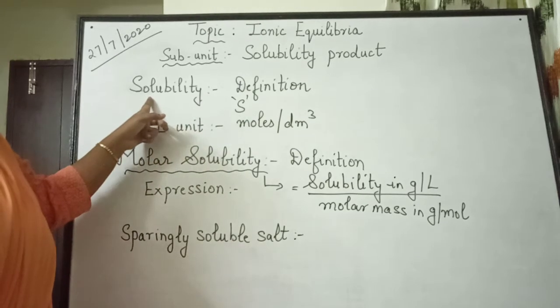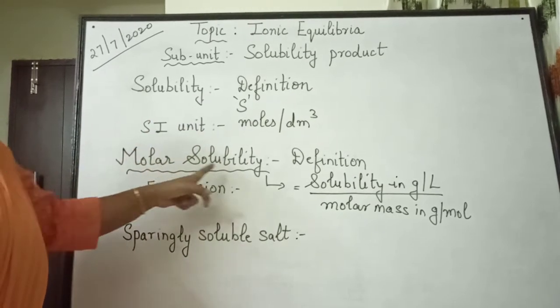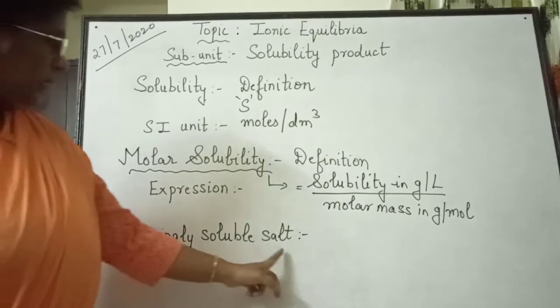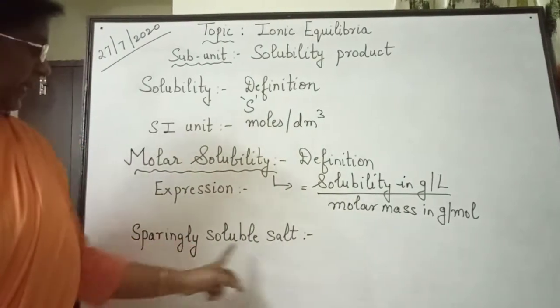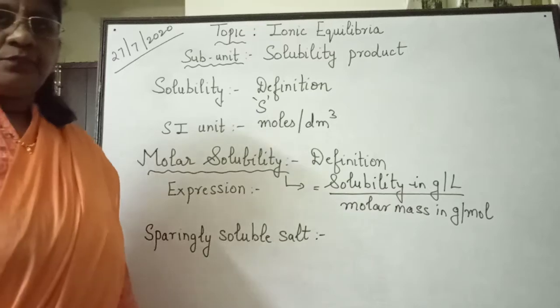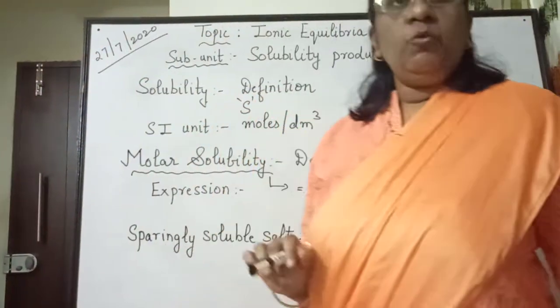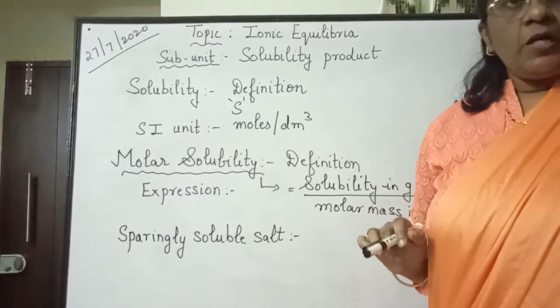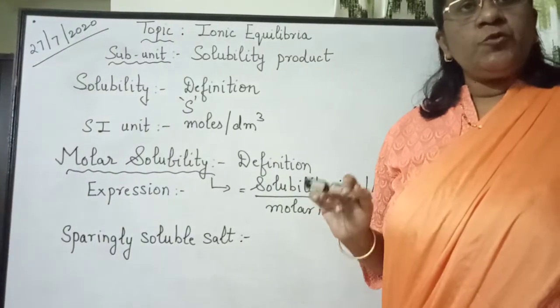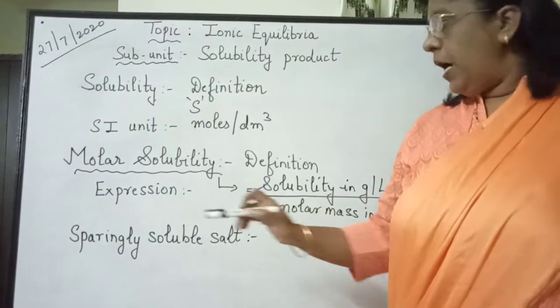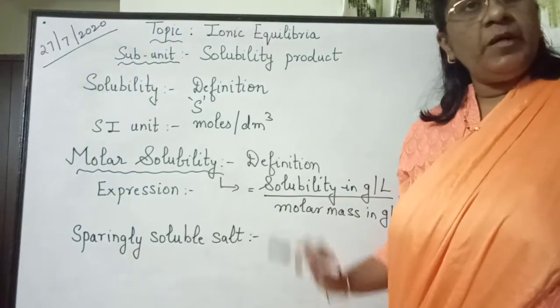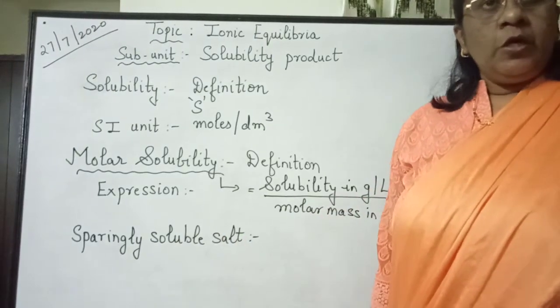After you finish understanding the points solubility and molar solubility, let us study what is a sparingly soluble salt. The salts which are partly soluble in water are called sparingly soluble salts.